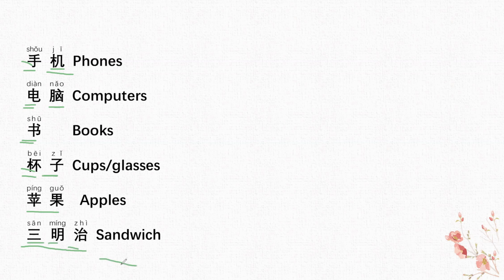And also when you follow me to read those words, could you just make sure you read each syllable in a really clear way? 三明治. Do not blend the pronunciations together. No, these are 3 syllables, 3 pronunciations, not 1.